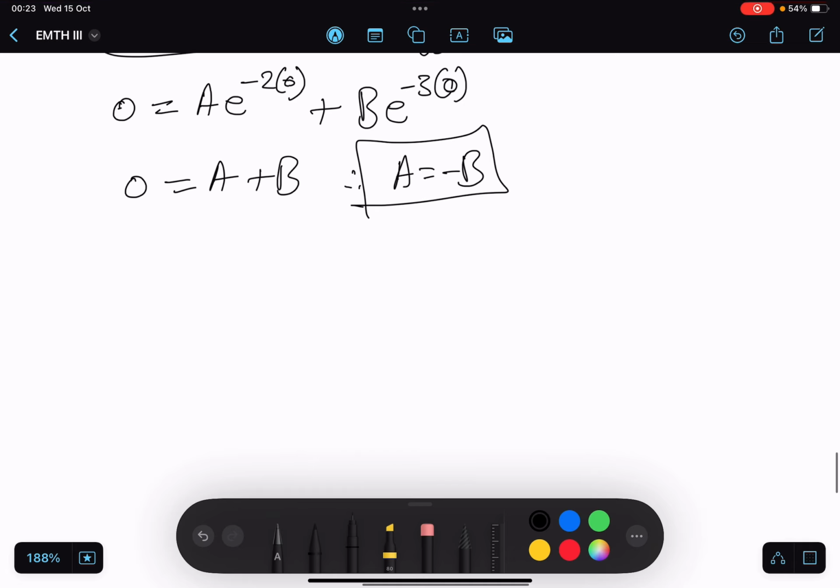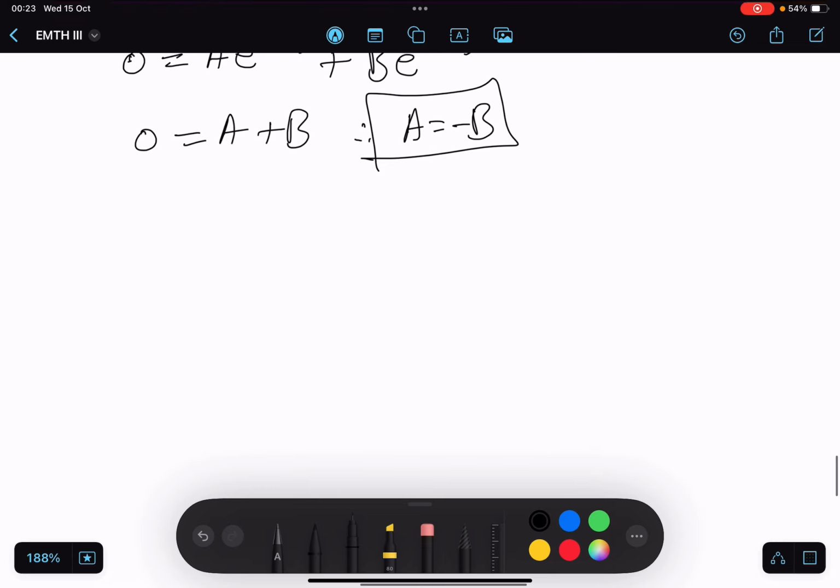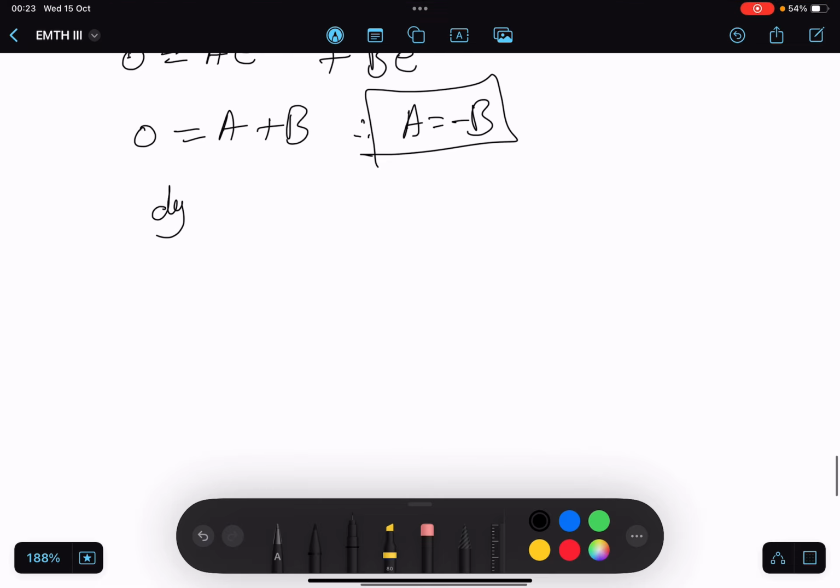So this is the first equation. Now in order for us to also apply the other condition, you need to differentiate this function. If we differentiate, you're going to have dy/dx = -2a e^(-2x) - 3b e^(-3x).